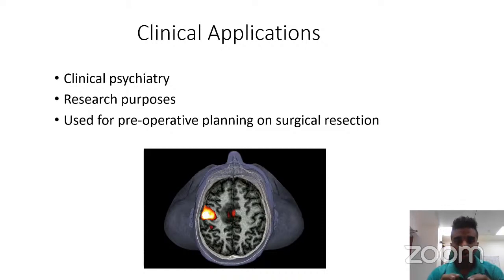In the sense, you could see I've given an image over here. So this patient has got a lesion in the superior parietal region, you could see the lesion is present here. So the surgery team has planned to remove this lesion surgically.